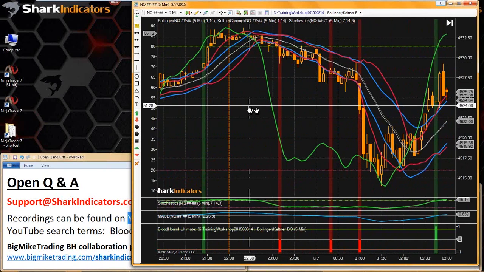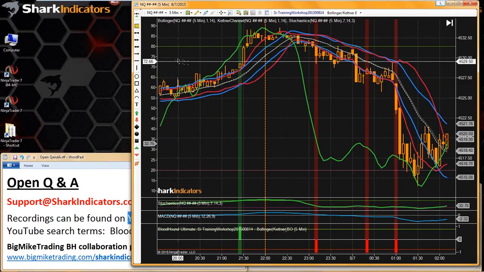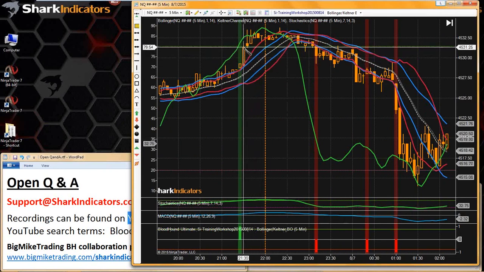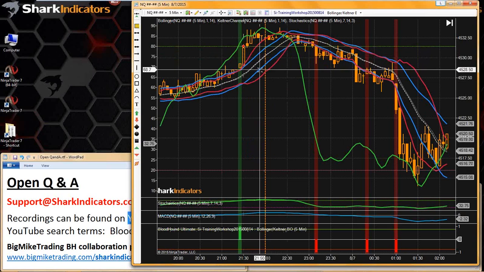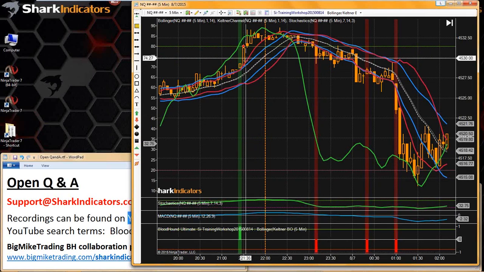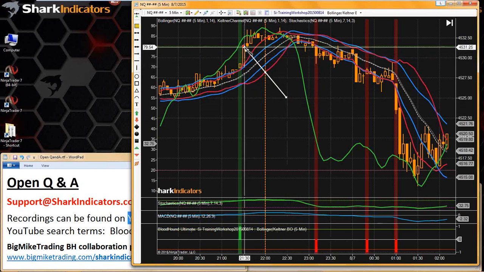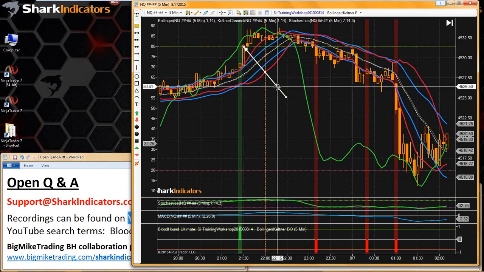Here, let's see, yeah, so we have a crossover right there. Hopefully you can see that, and I'll even mark it with an arrow. I try to get the tip of the arrow right at that crossover.